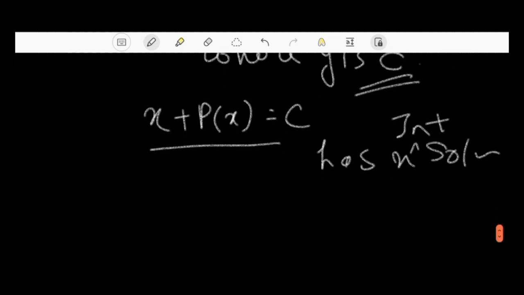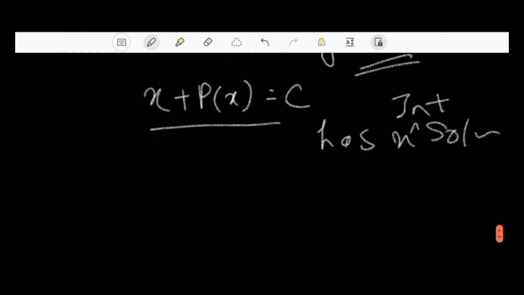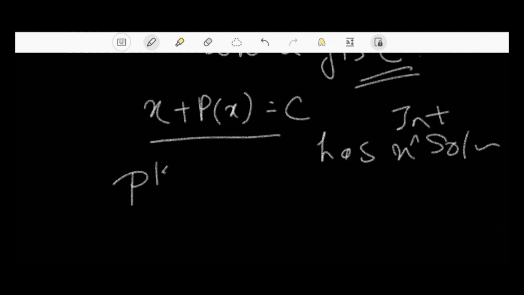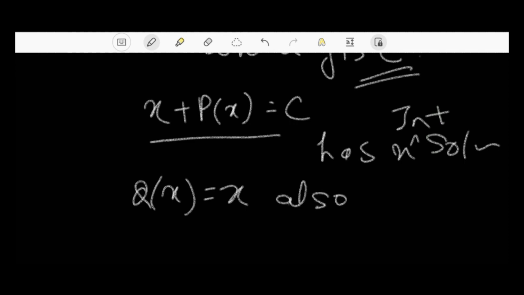And now we can simply say that our equation Q(x) equals x also has at most n integer solutions.